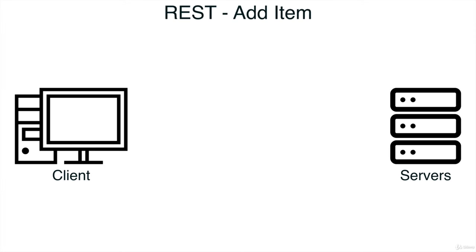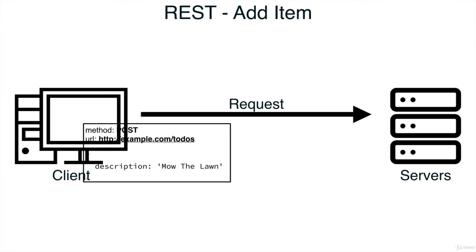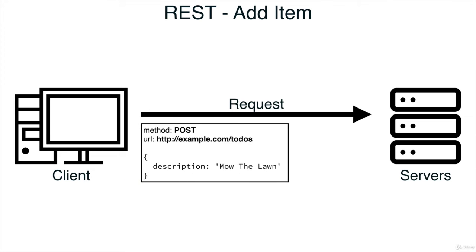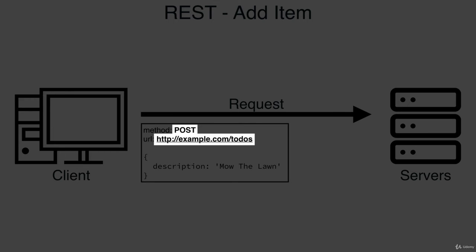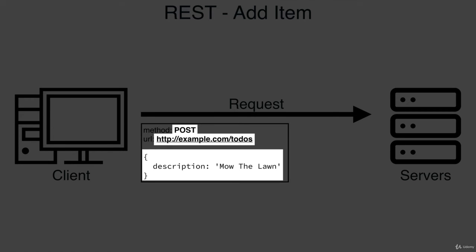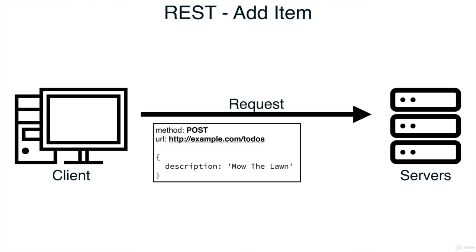If we needed to add a to-do item, we'd just perform a different kind of HTTP request, a POST request, to this same to-dos resource endpoint, sending along the new to-do item information.